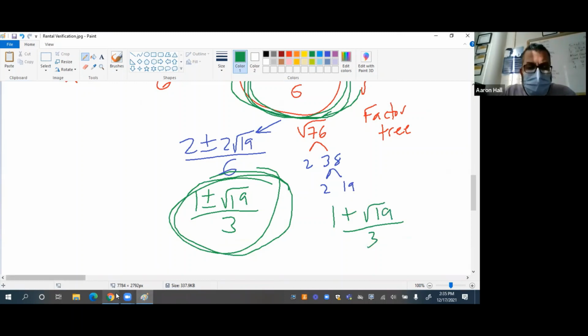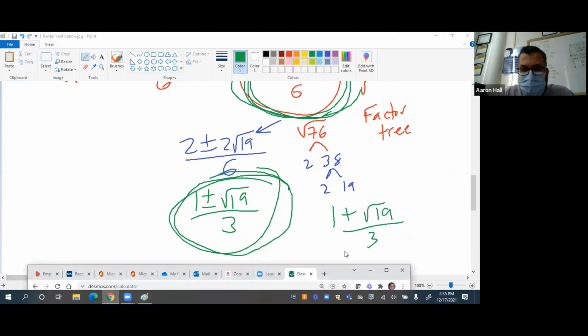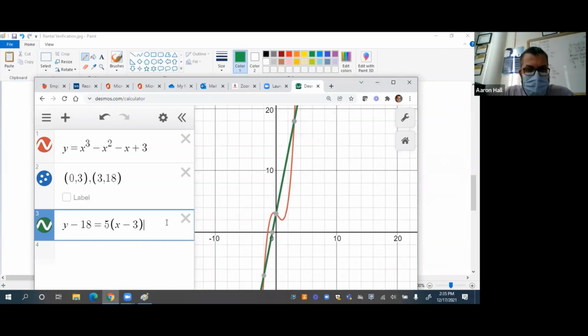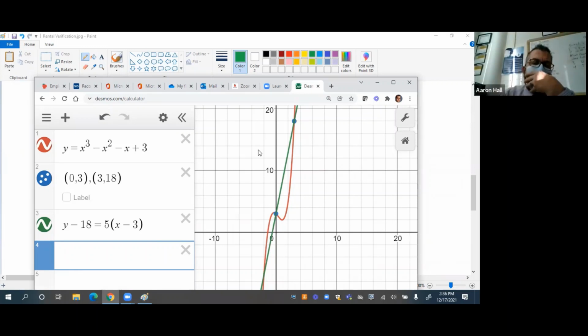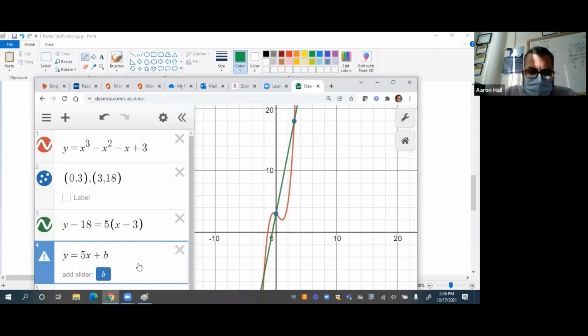Okay, so I do want to see if it looks more or less like, let's see, how would we find that? So we need to find, let's see. We know we have a slope of 5, and that we know what x is for that.